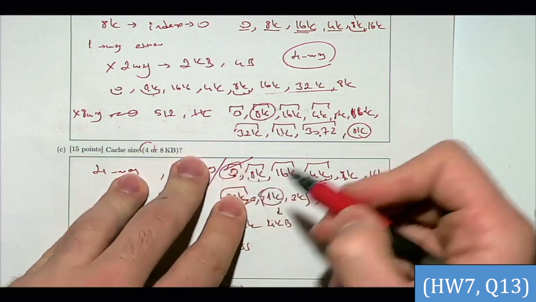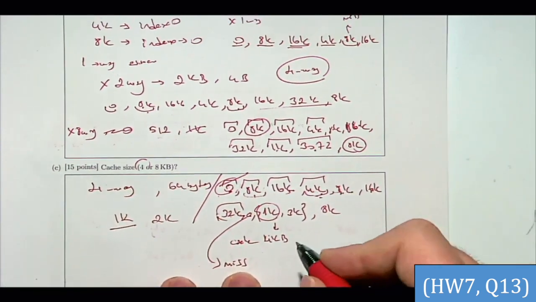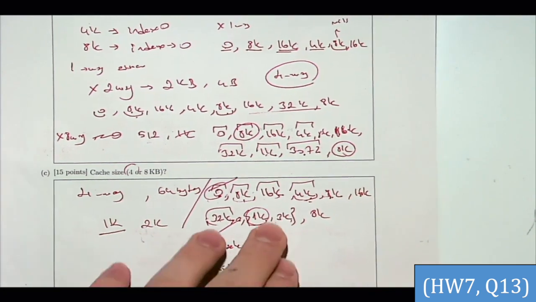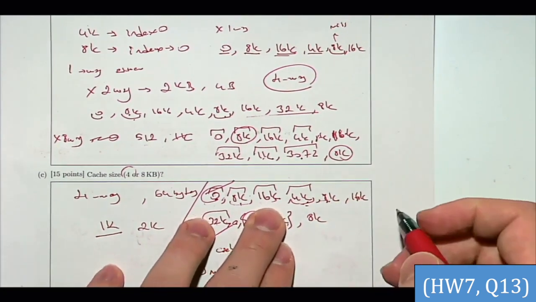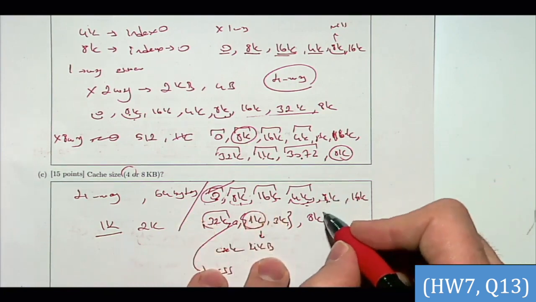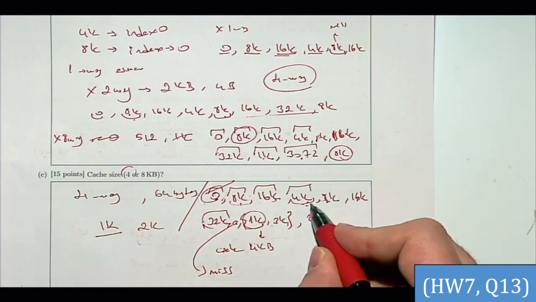So either of these, if this is FIFO or LRU, either one will be removed. So 1K will be put. And for the 3K again, I'm going to replace 4K, because this will be the least recently used.